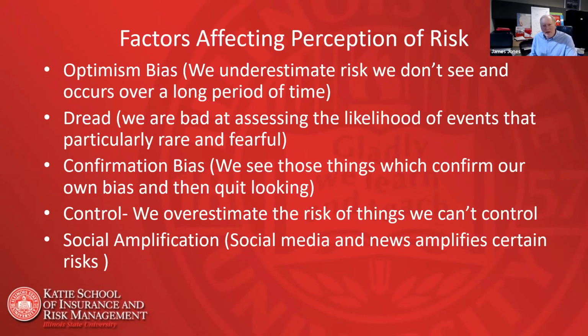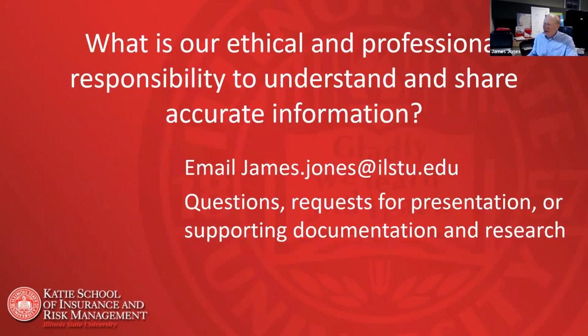We look for confirmation of our own biases, because it reduces the negative emotion that we have. We don't like things that we can't control, so we overestimate the risks of things we can't control. And social amplification has affected misinformation and the perception of risk in the last few years. So those are the things that we have to think about.